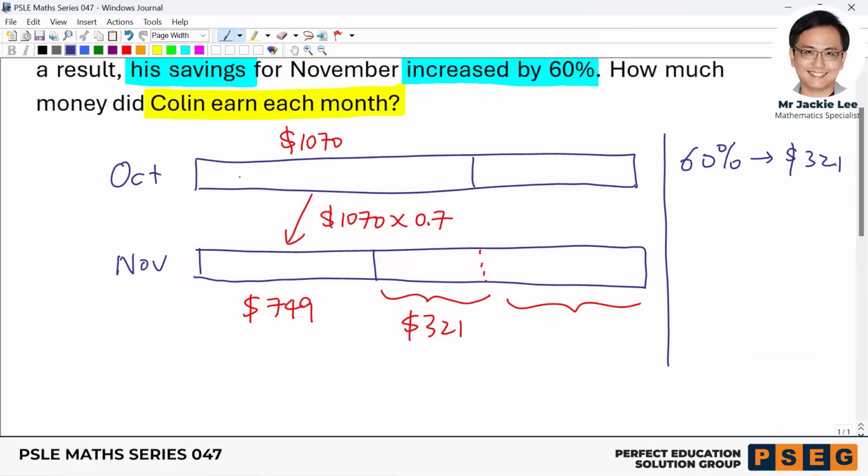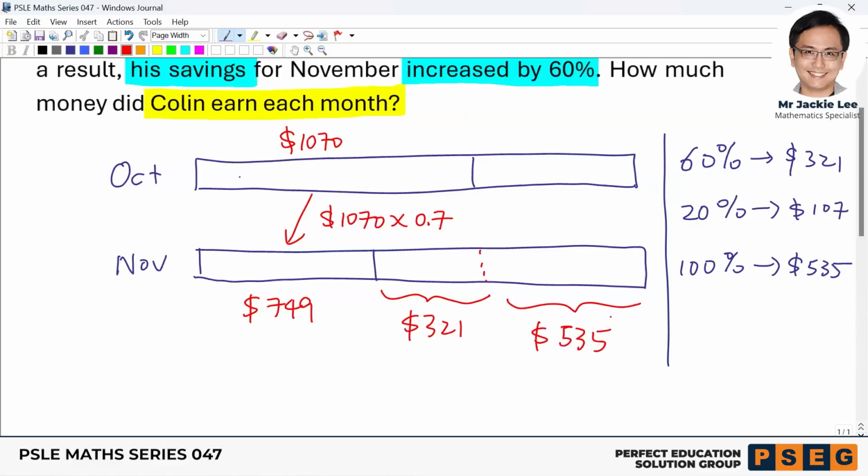We can divide by 3 to drop to 20% first. Because 321 divided by 3, I think we can get an integer, which is 107. Then after that, times 5. Then we'll get 535, right? So this part, we fill up, is actually 535.